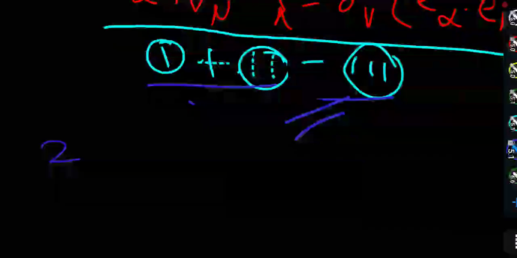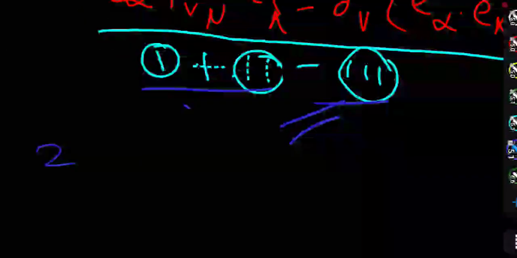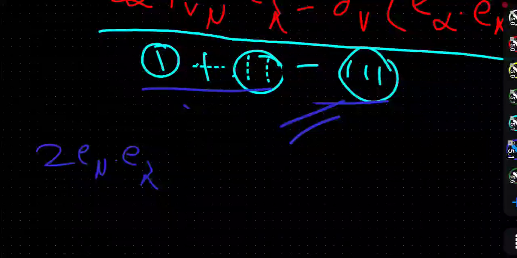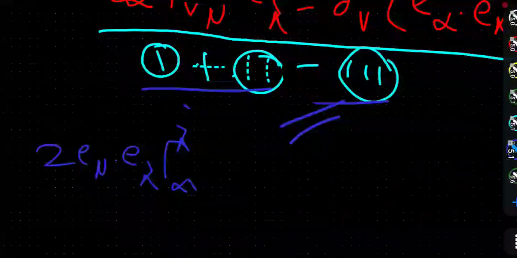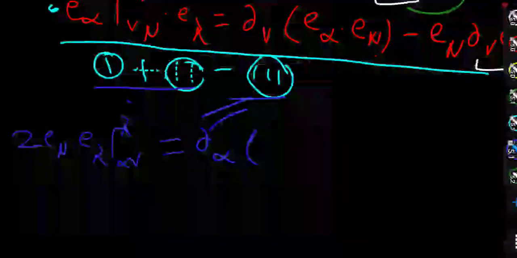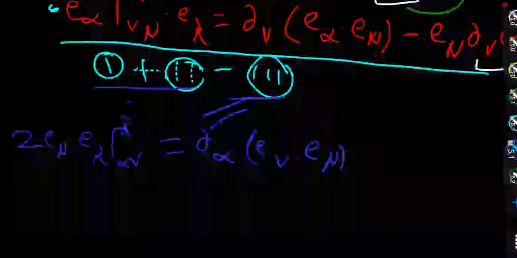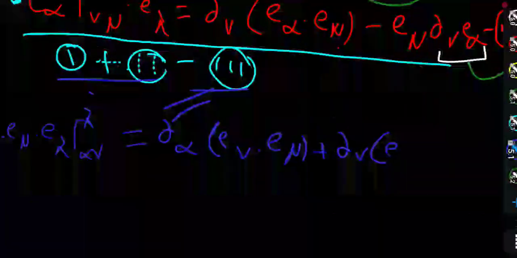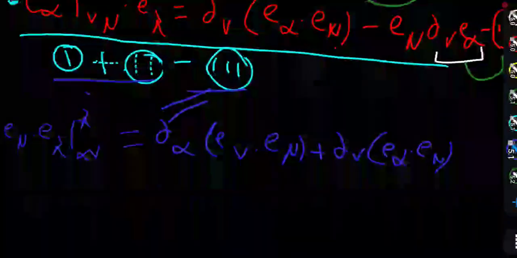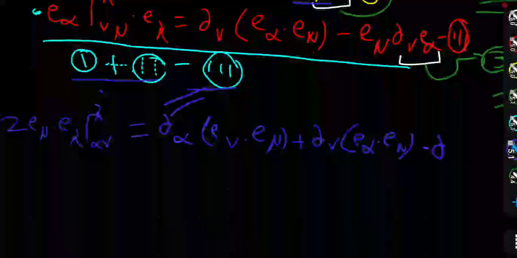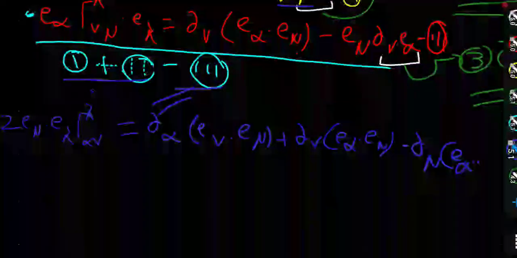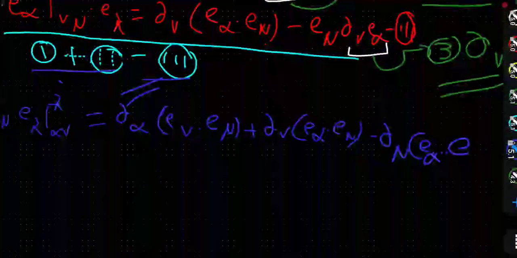Remember, this is not the final equation, it is just what you get after solving. 2 of E of mu dot E of lambda and Christoffel symbol lambda alpha nu is equal to del alpha of E of mu dot product E of nu, plus del of nu E of alpha dot product E of mu, and finally minus del of mu of E of alpha dot E of nu.